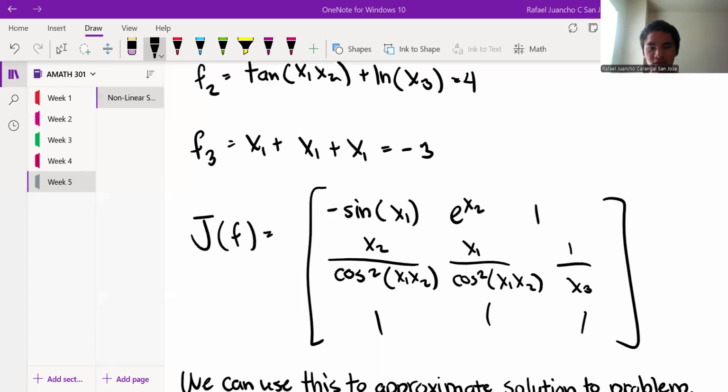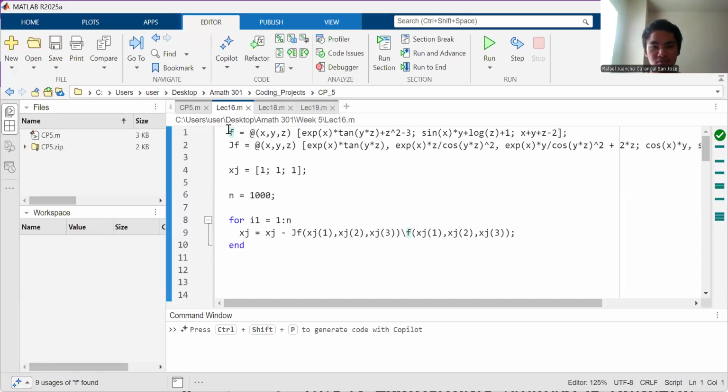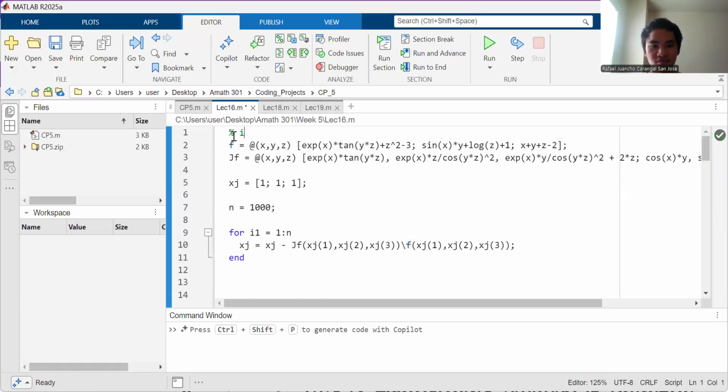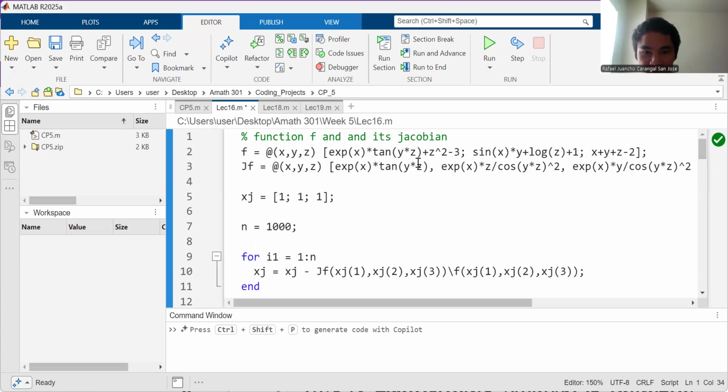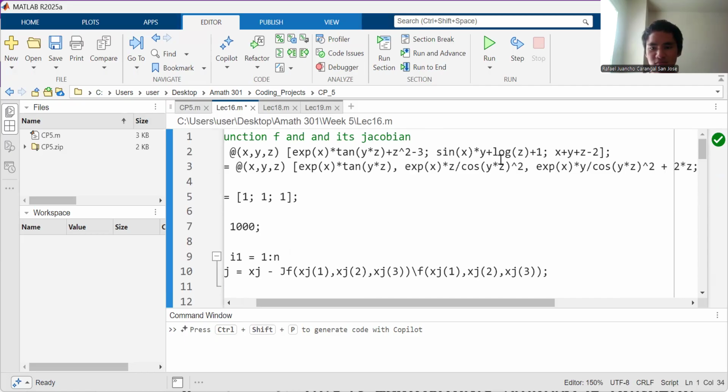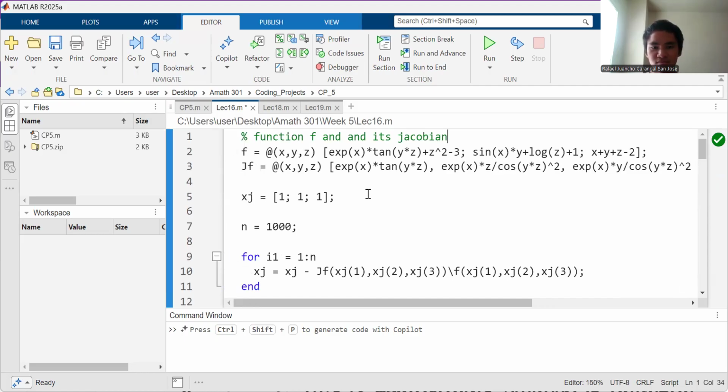So here I'm going to do it in MATLAB, right? So this is our function, function f, and its Jacobian. We get the Jacobian. So here, we can zoom in. Here we have the function, right?